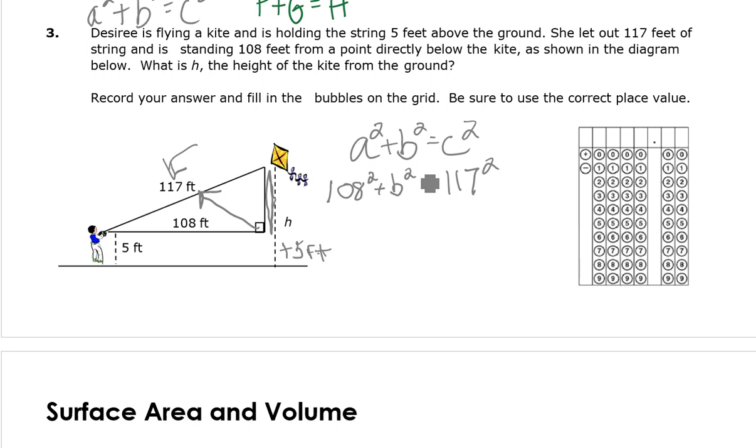So if I'm working backwards, I actually want to take 117 squared and subtract 108 squared. And this will give me b squared. Okay, so once I type 117 squared minus 108 squared in my calculator, I get 45. But remember, we need to add on 5 feet, which will give me 50.